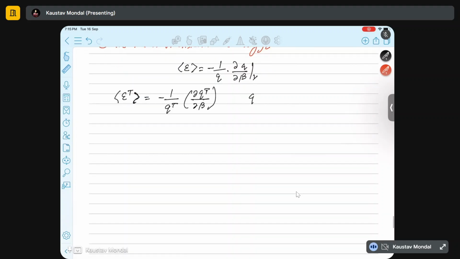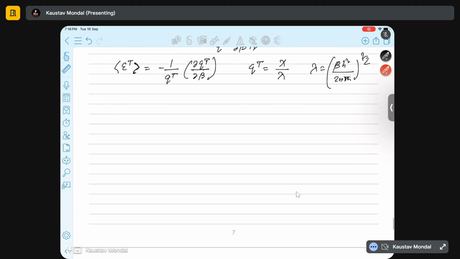Now q translational is simply x by lambda. For the time being, here we are only considering the 1D case. Lambda is the thermal wavelength, and that expression is given by beta h square by 2 pi m whole to the power half, right?